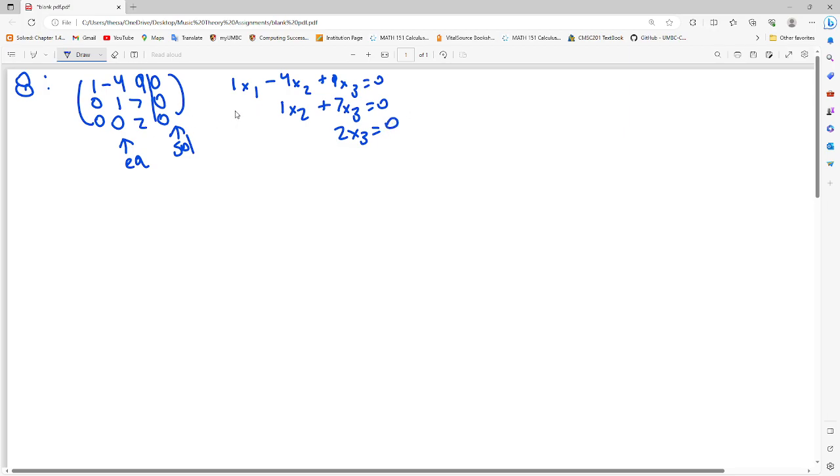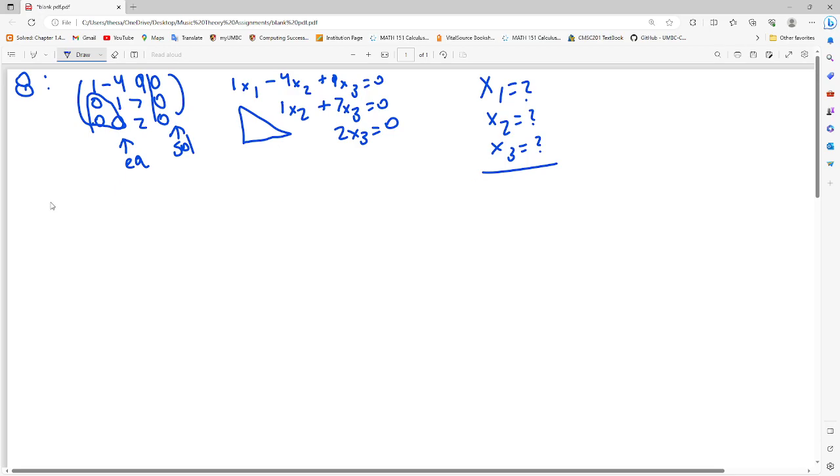Notice how I didn't put anything right here because they were all zeros in the original system of linear equations in the matrix. So what it says when it's asking for a solution set, it wants you to find what x1 is equal to, what x2 is equal to, and then what x3 is equal to. So we're going to do that right here.